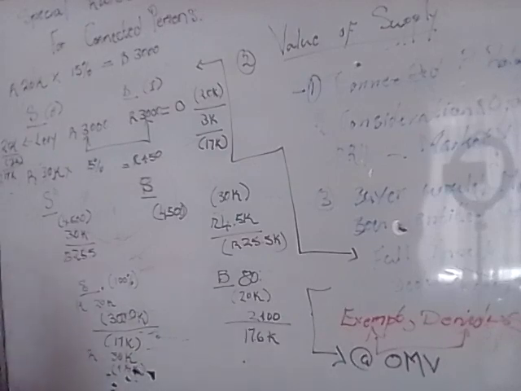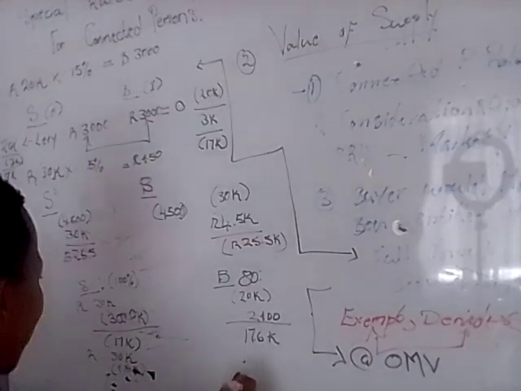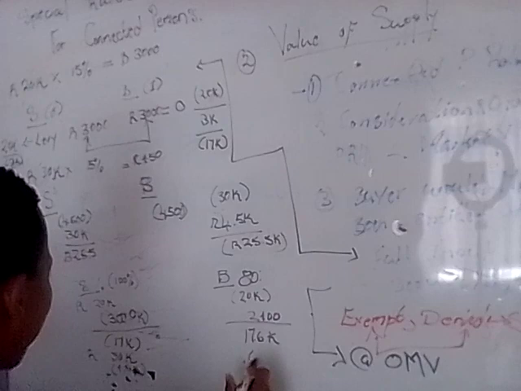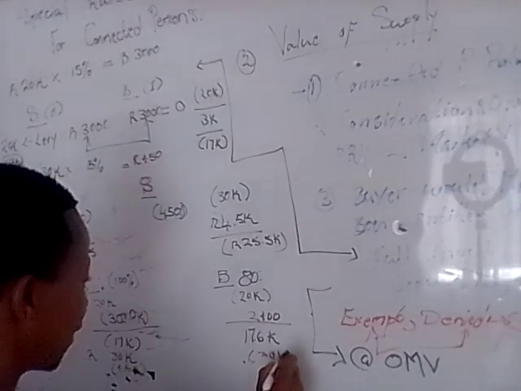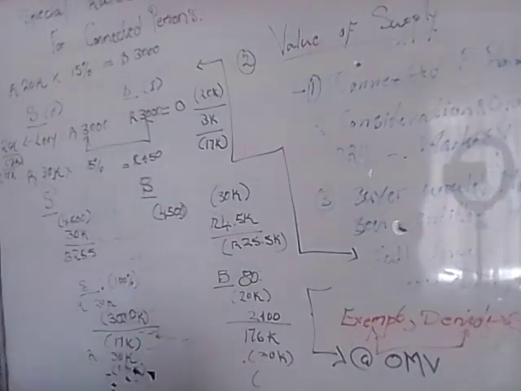Whereas the buyer on this side spends 30k and he gets a relief of 3,600.